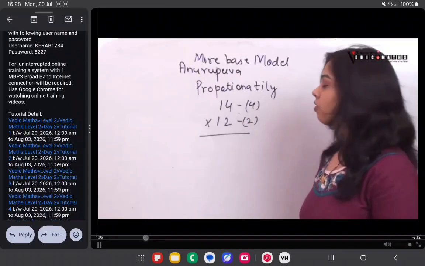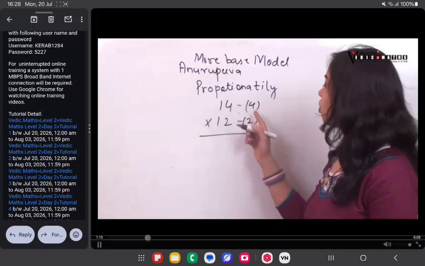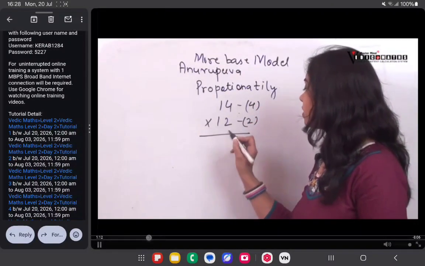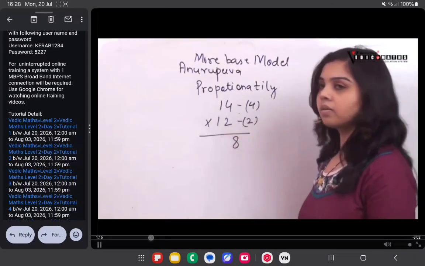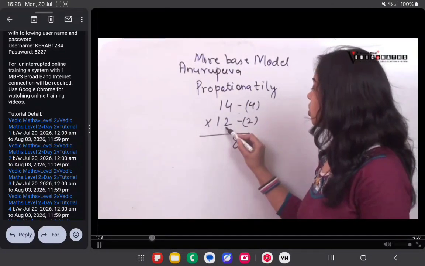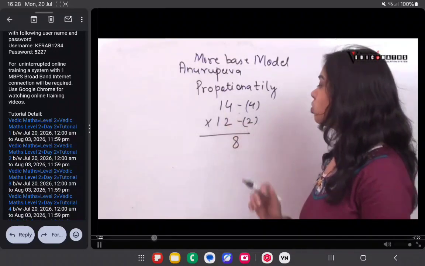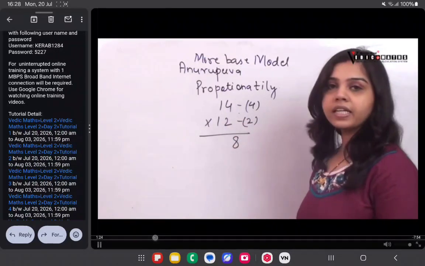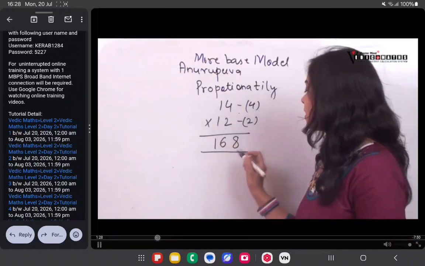Firstly we multiply these two excesses: 4 into 2 is 8. Then add the excess to the other number, 12 plus 4 or 14 plus 2. In both cases we get 16. So our final answer is 168.